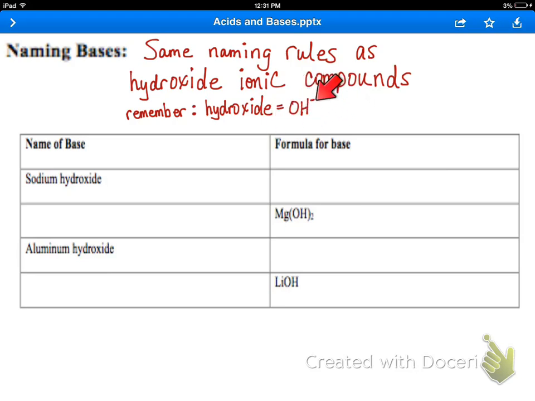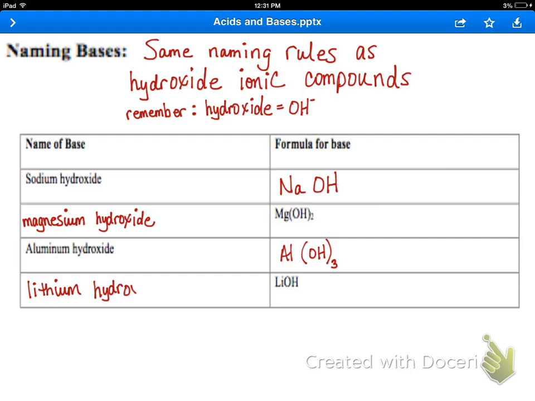So this is always hydroxide. Sodium hydroxide is NaOH, and then magnesium hydroxide, aluminum hydroxide, where aluminum has a +3, so we need 3 hydroxides, and then LiOH is lithium hydroxide. Exactly the same way that we named them previously.